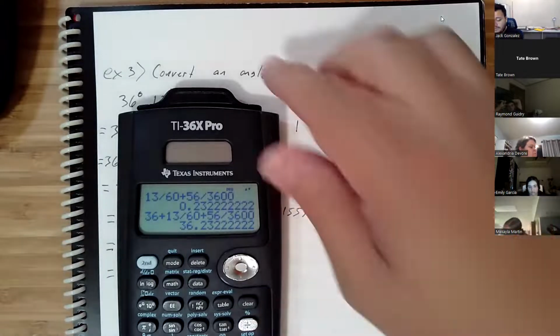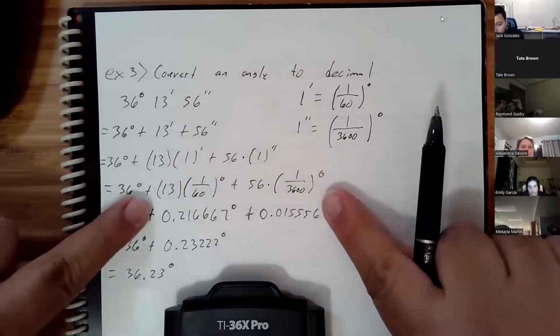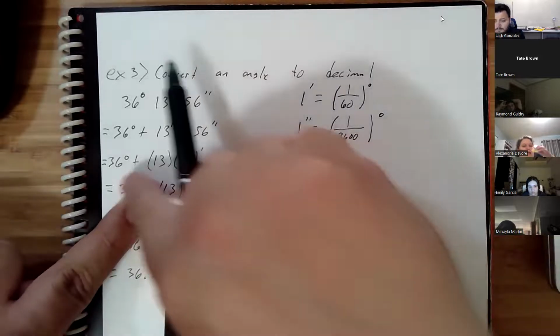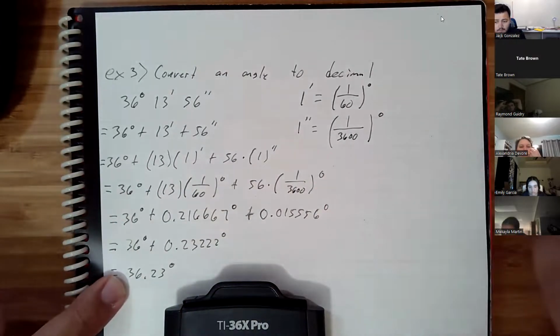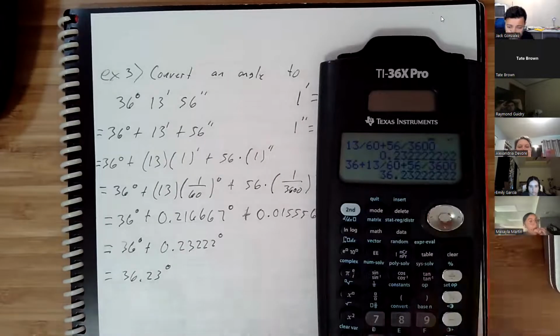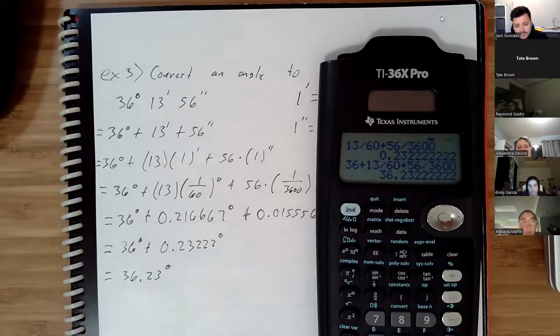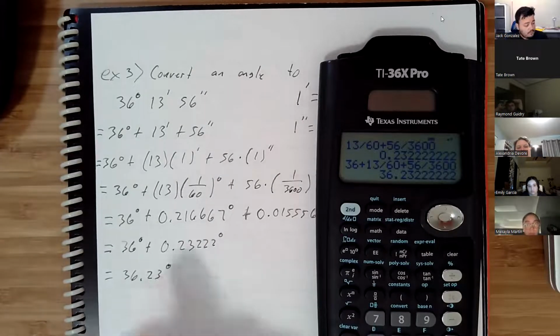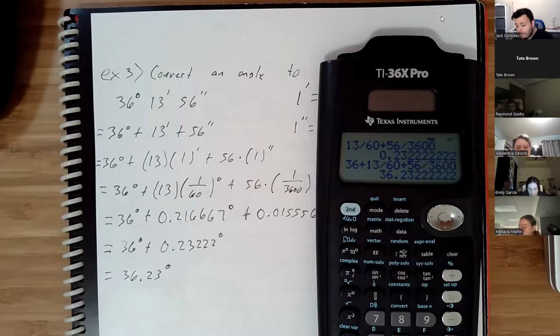Once you plugged all this in, just add it all together at the same time, and you can skip to here. Any questions on how to go from degrees, minutes, seconds to degrees? Let me know.